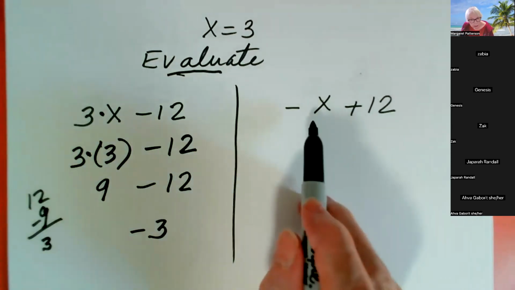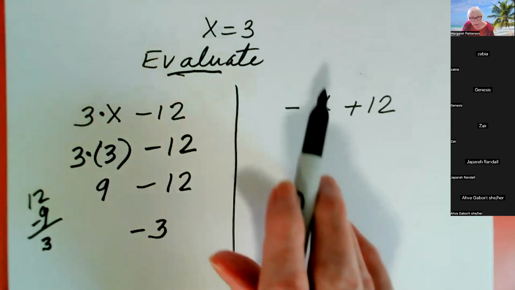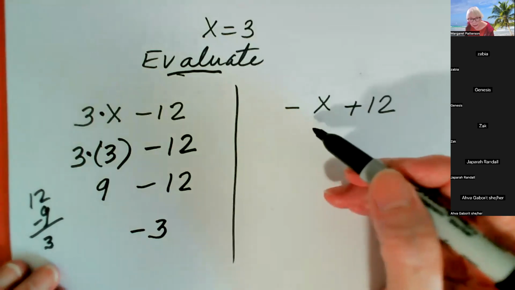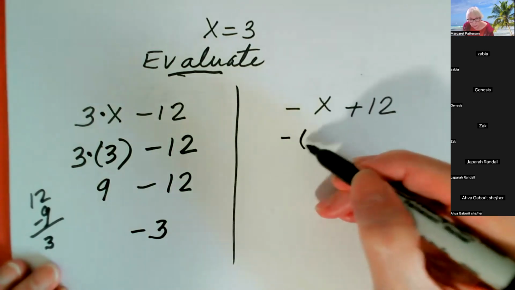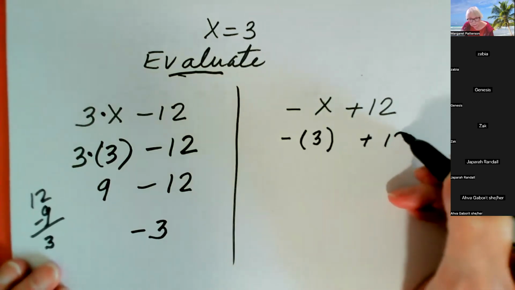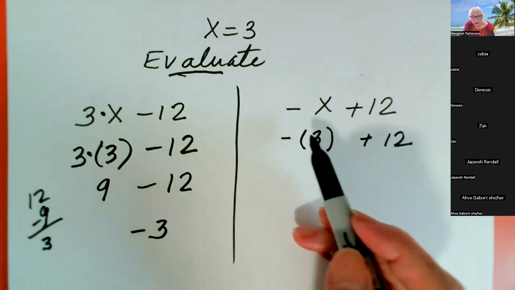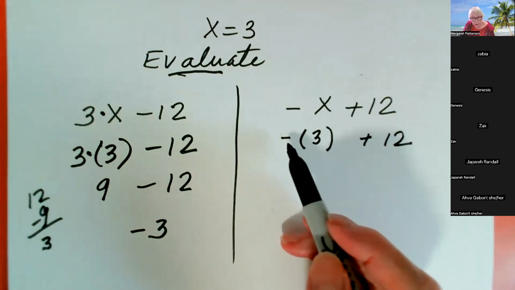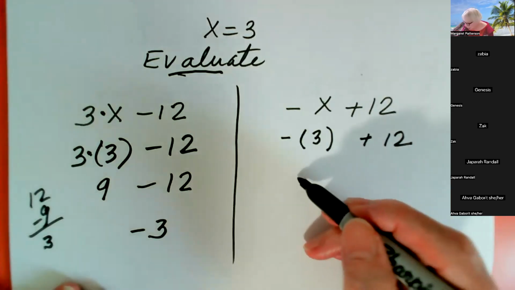Now, this is a slightly different problem, but it's the same type where you substitute. Again, the minute you see your X, put parentheses and put in the correct number. So this is 3. And then this is telling you to do the opposite of that. And so the opposite of 3 would be -3.